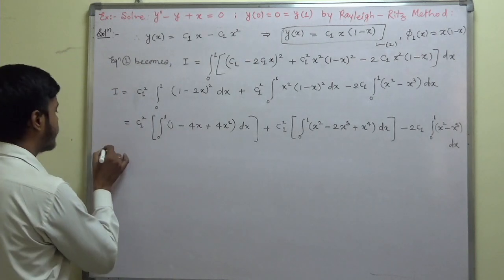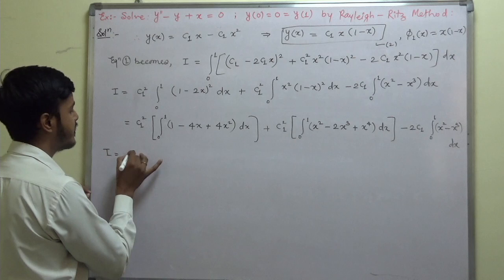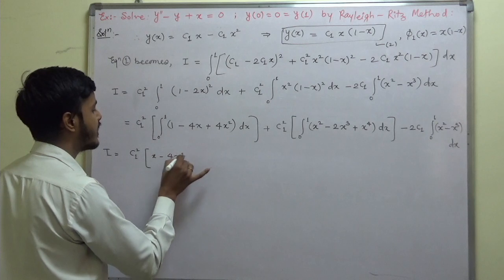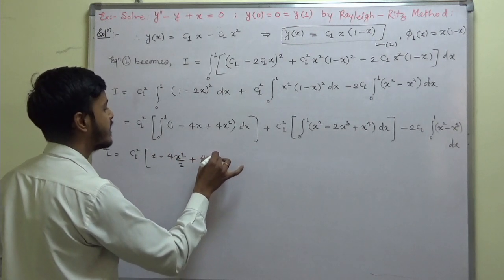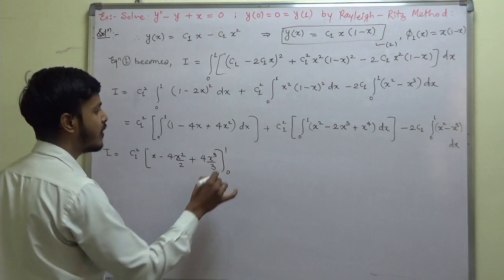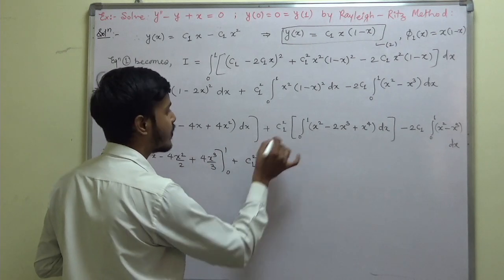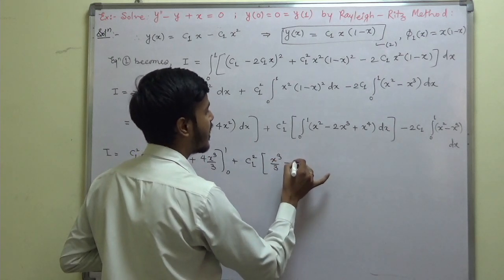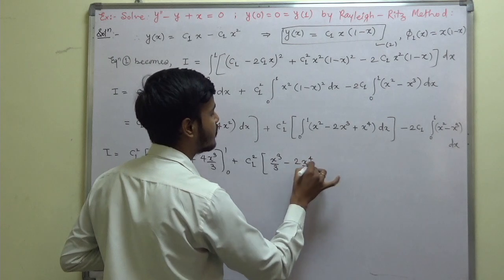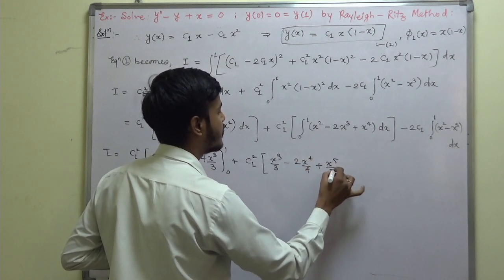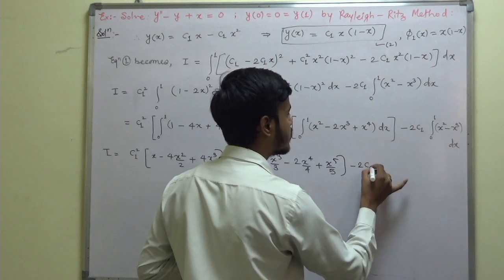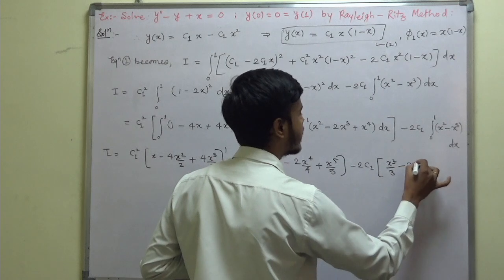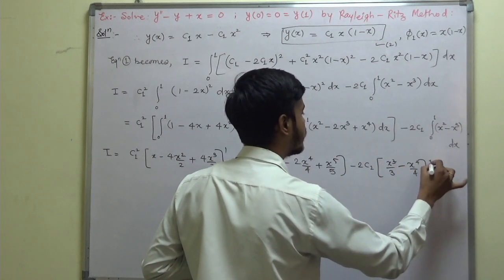So I is equal to c1 square. What is the integration of 1? x minus 4x square by 2 plus 4x cube by 3, 0 to 1, plus c1 square times x cube by 3 minus 2x to the power 4 by 4 plus x to the power 5 by 5, minus 2c1 times x cube by 3 minus x to the power 4 by 4, 0 to 1.